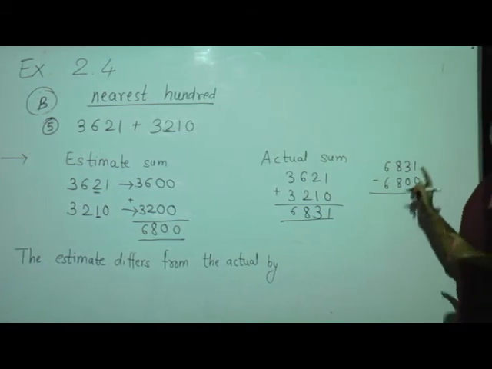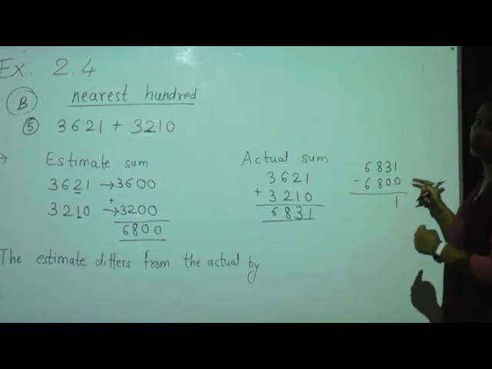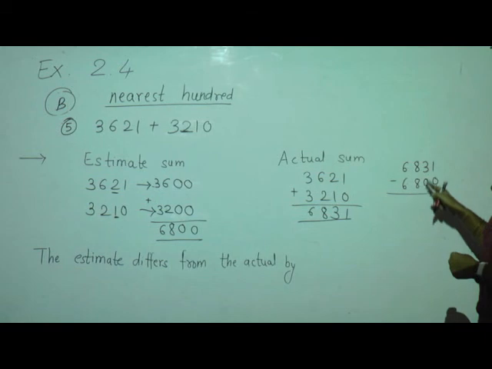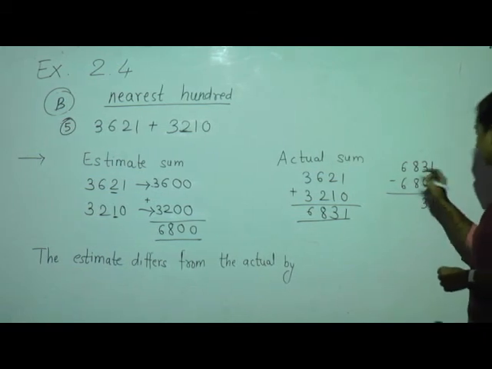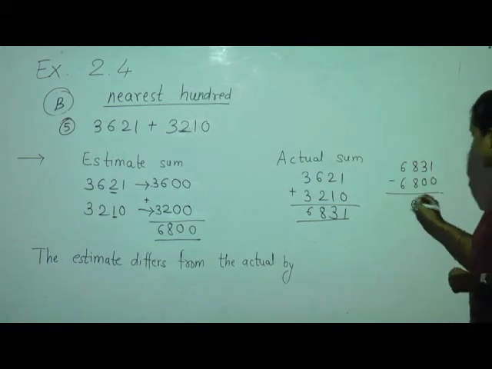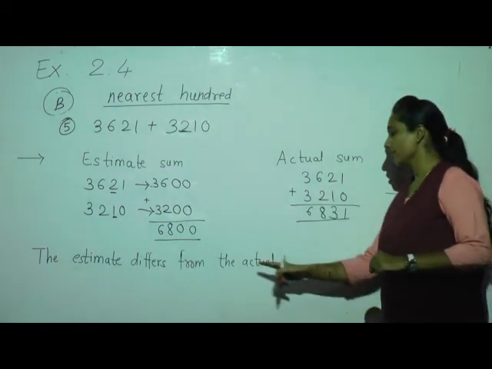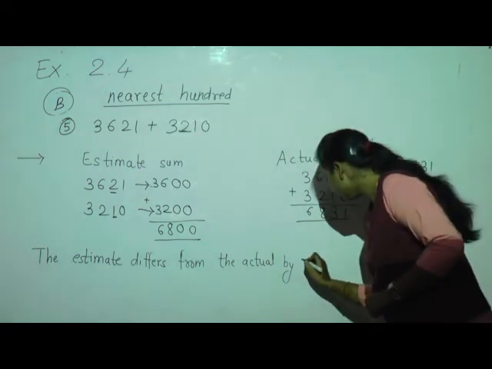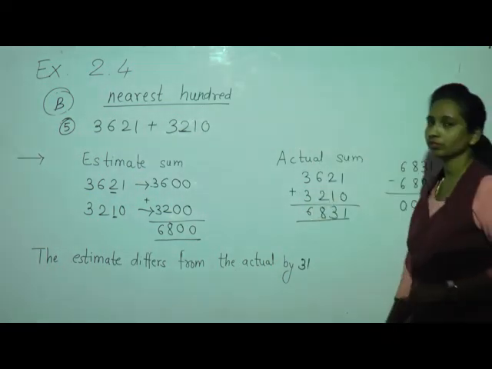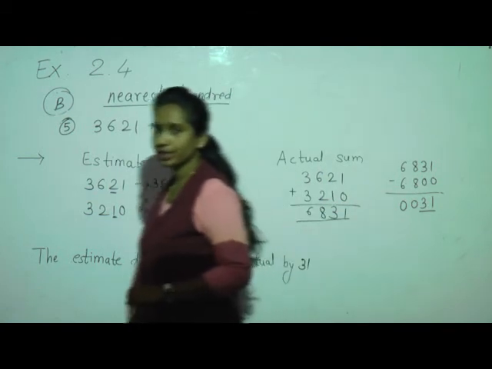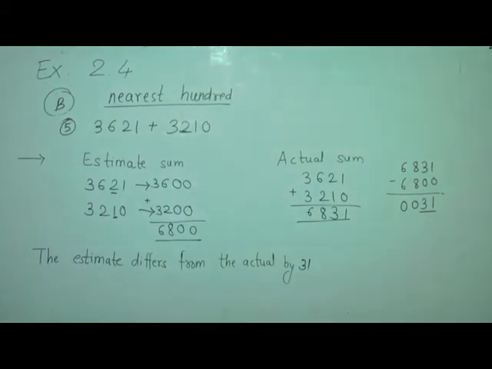Whenever we subtract 0 from any number, the number will come itself. So 3 minus 0, 3. 8 minus 8, 0. 6 minus 6 is 0. See how much? 31. So the estimate differs from the actual by 31. Understood, students? Clear till here?